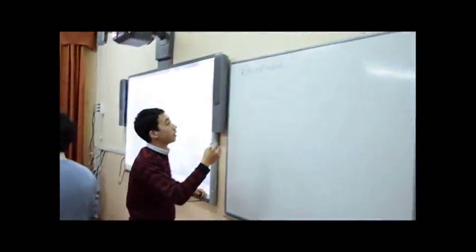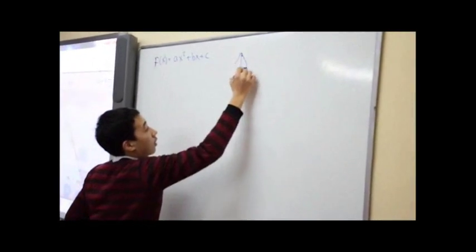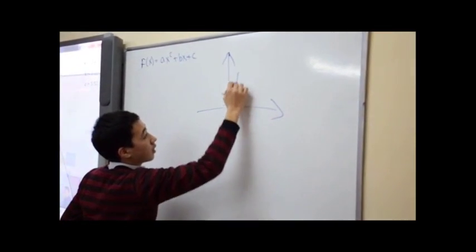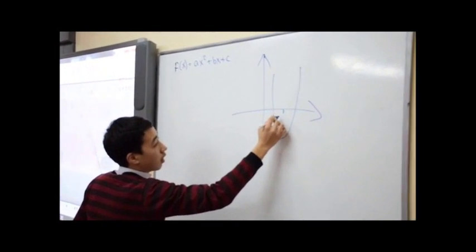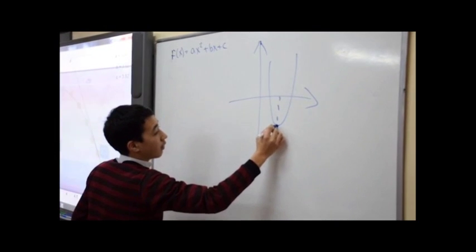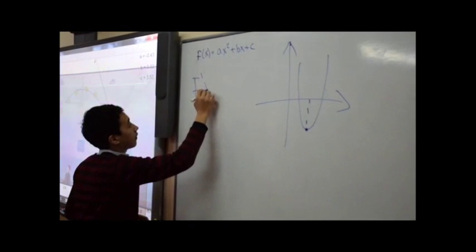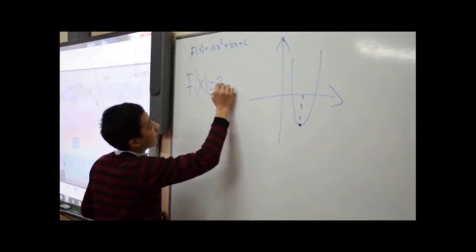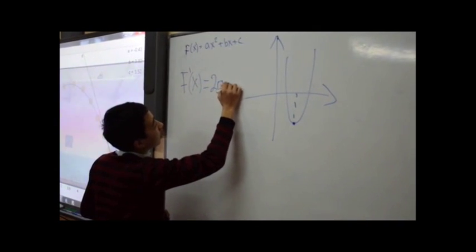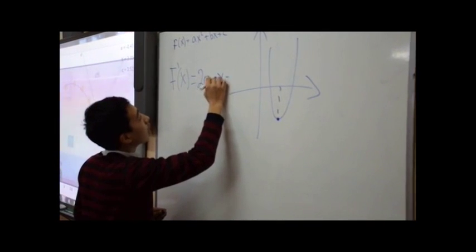Okay, now here I'm asking you a question. If we show it on the graph, it will seem like that. If we want to find the vertex of this parabola, we should take the derivative of this function. 2ax, yes? Okay, 2a times x. That's correct.